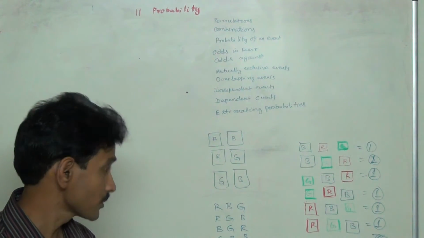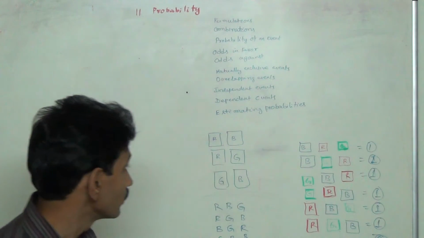The possible permutations are 6, if we take 3 out of 3.